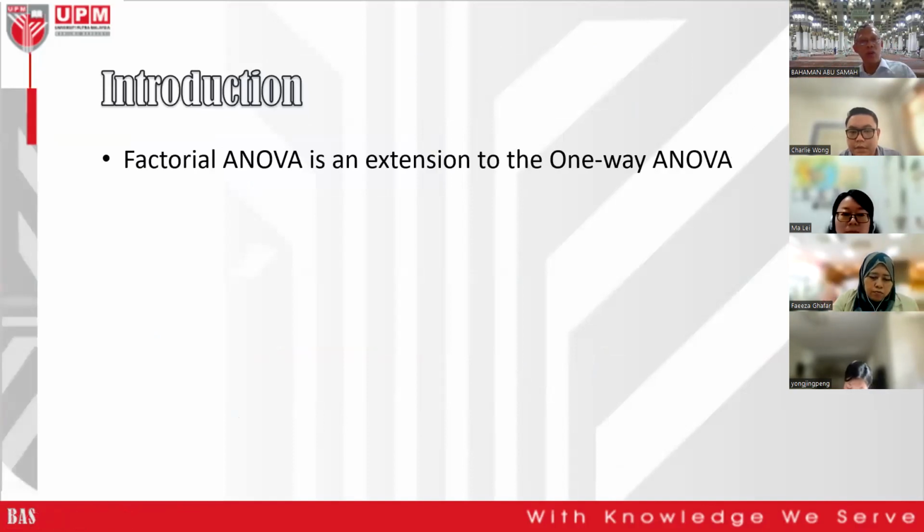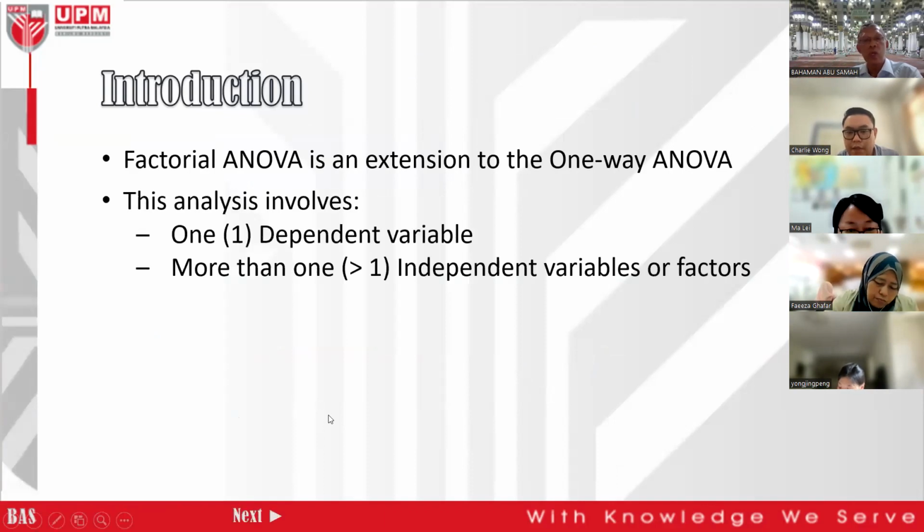So this factorial ANOVA is actually just an extension to your one-way analysis of variance. I mean, instead of only having one IV, now you can have more than one IV. So it involves one dependent variable. I mean, the dependent variable is still only one, limited to only one DV.